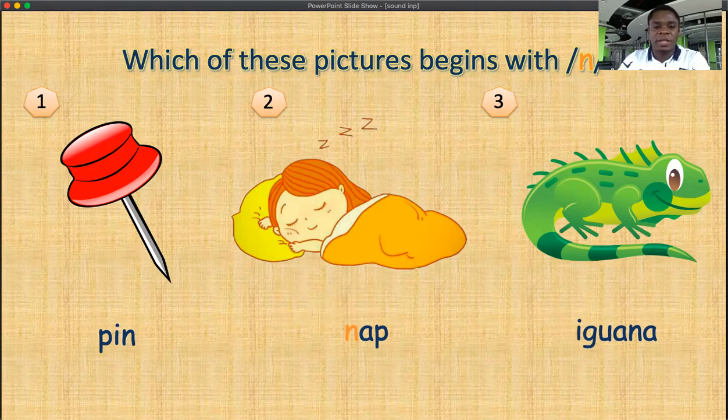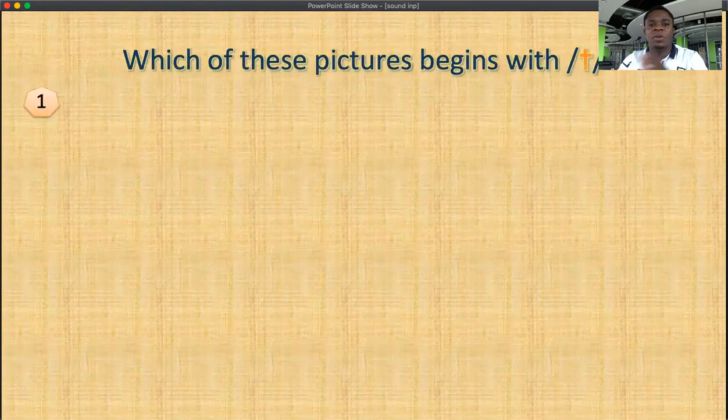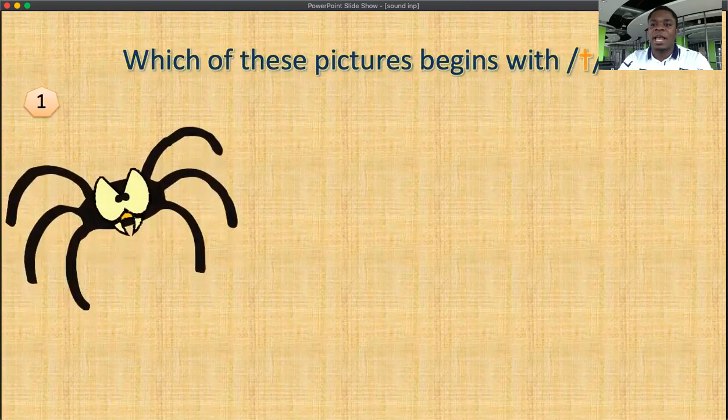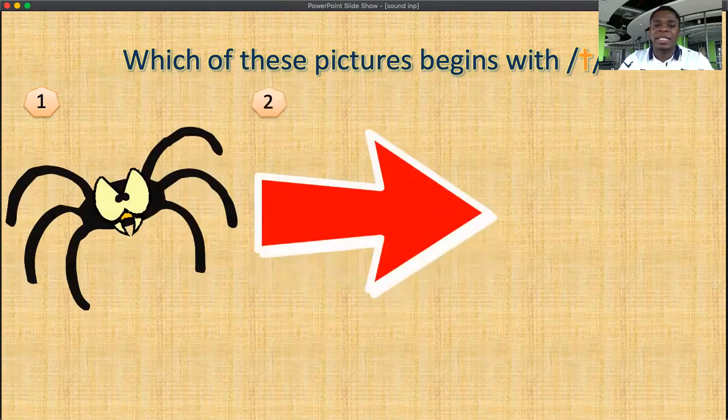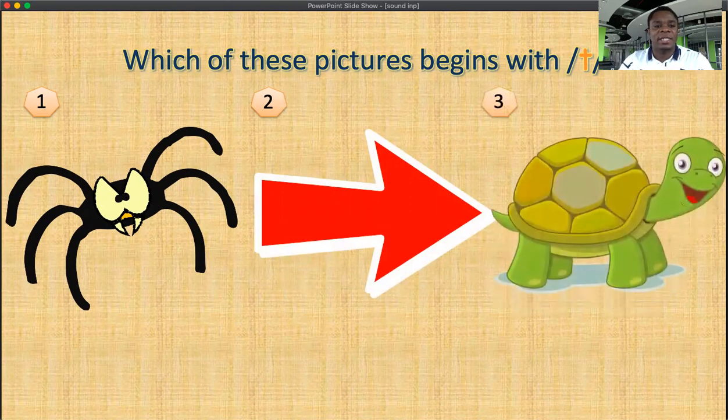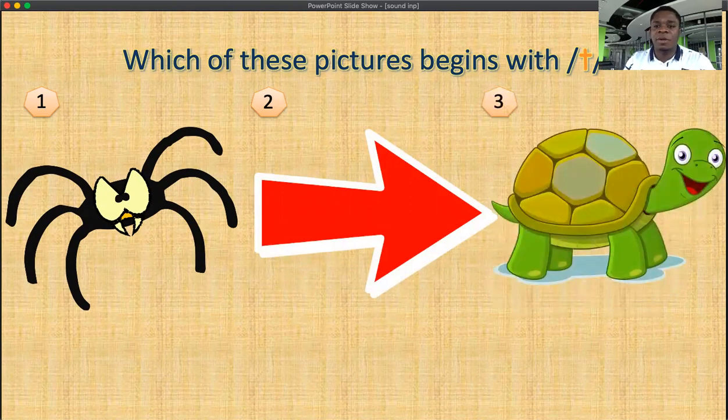Now let's look at another slide. Can you guess which of these pictures begins with the sound we did last week? So I want you to guess. We have picture number 1, number 2, and number 3. Remember our activities last week.